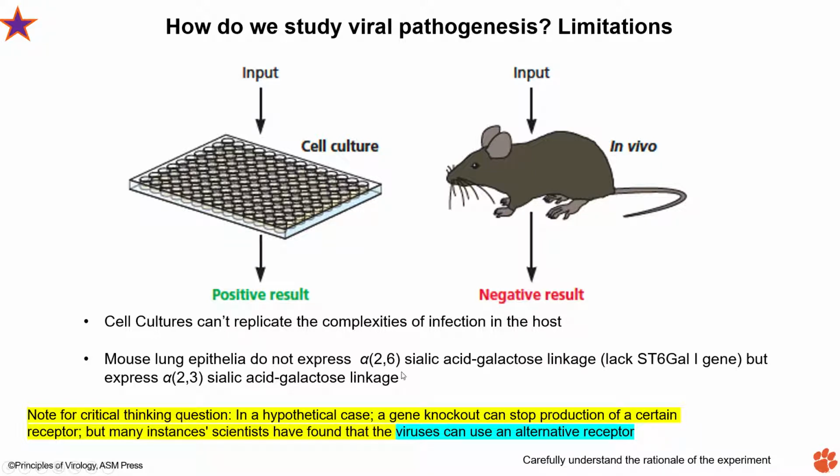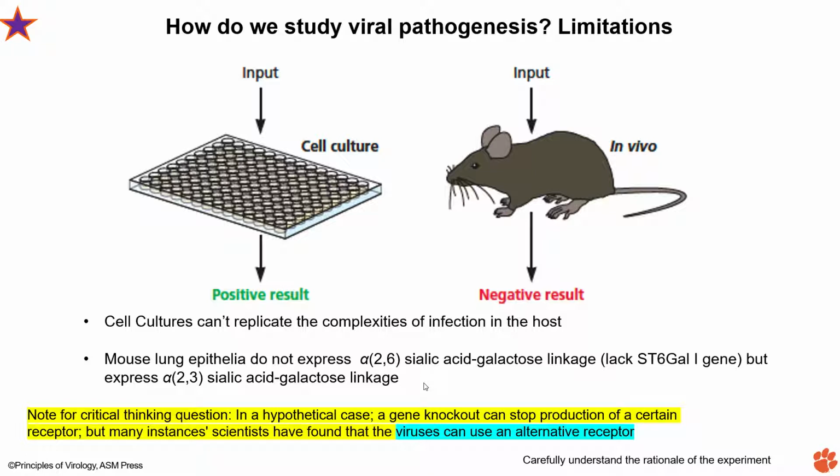Here you have a very specific example with alpha-2,6: when they knocked out this gene, which is responsible for making these bonds of the sialic acid, the scientists found that the virus used alpha-2,3 bonds. But I can give you a critical thinking question: you have a virus X, and the scientist thinks the X receptor is responsible for viral entry and knocks it out.